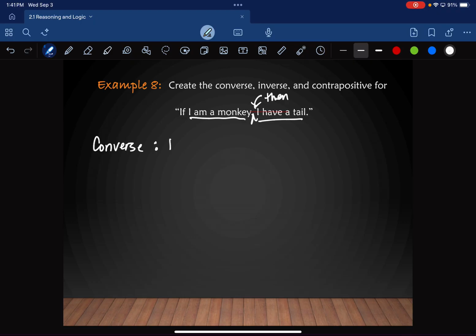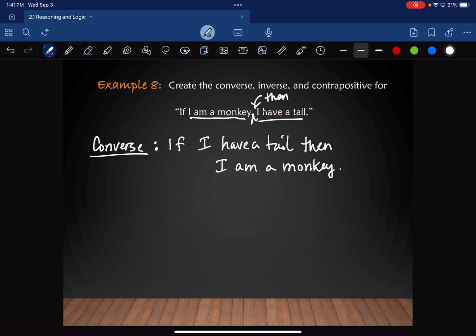Yep, so it still starts with an if, thank you very much, and it's if I have a tail. Then we've got the word then. What would follow that? Then I am a monkey. So that's my converse. Now the inverse, again, we're going back to the original statement. The order stays the same, so monkeys at the beginning, tails at the end.